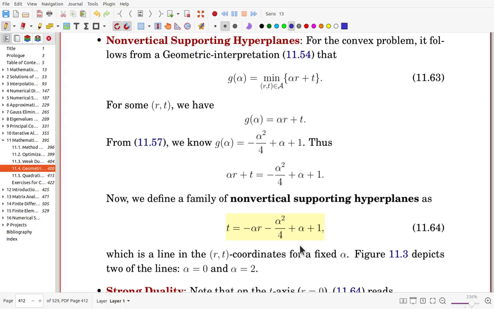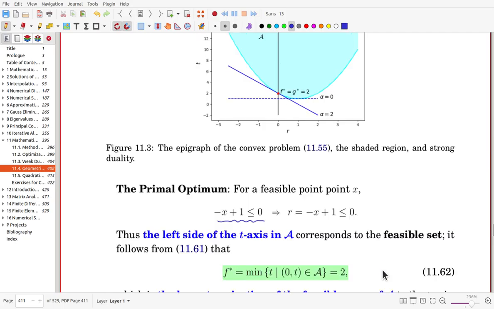So this is a hyperplane in two-dimensional domain, which is a line in the r, t coordinates for a fixed alpha. Okay. So in this figure, you can see now the supporting hyperplane, supporting line, when alpha is 0, we have that. It's a slope 0. And once alpha is 2, then this line is a slope minus 2.